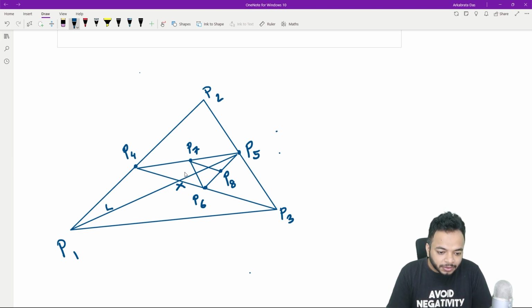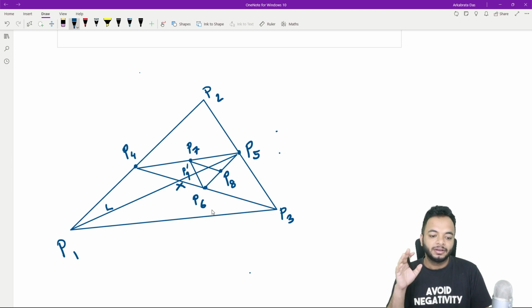Okay, so let's say that it's P9 dash. I'll just finally prove that P9 dash is equal to P9.